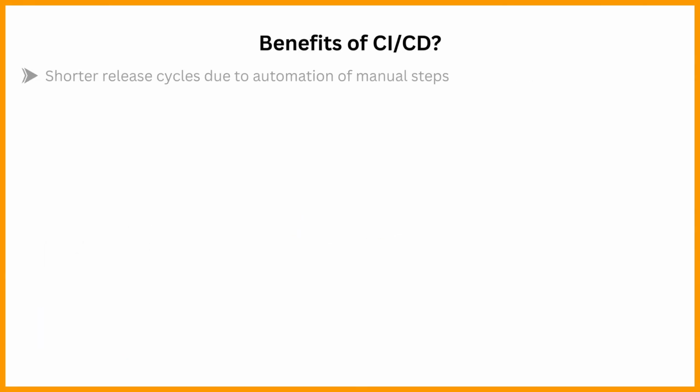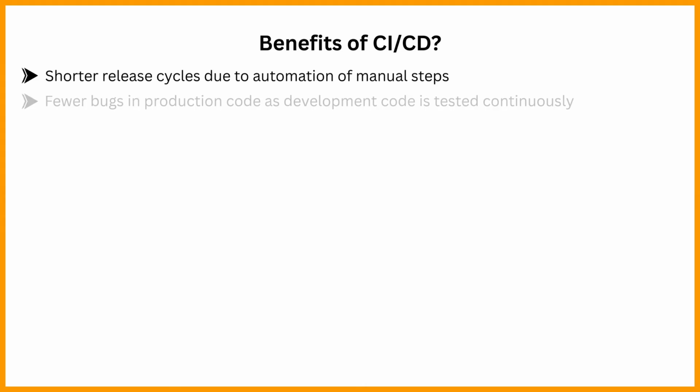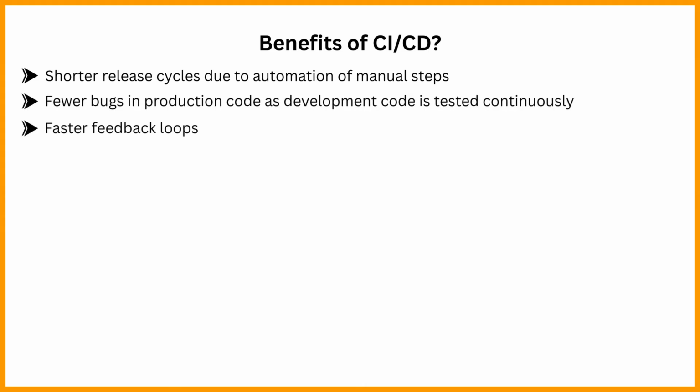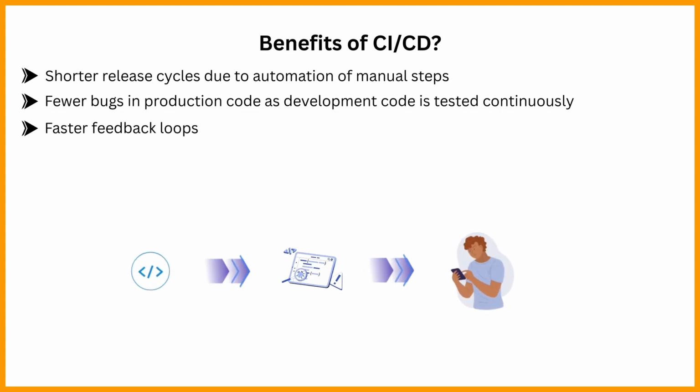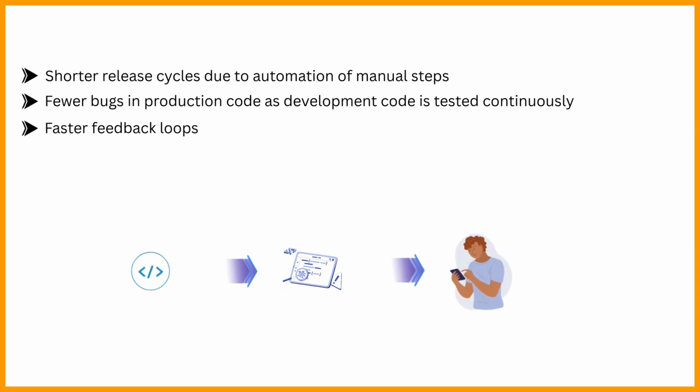Together, CI/CD leads to shorter release cycles, fewer bugs in production, and faster feedback loops, all of which are essential for modern development teams trying to move fast without breaking things. Think of CI/CD as a factory pipeline. New code comes in on one side, gets tested, verified, and safely pushed out the other side, all with minimal human effort. All this sounds great in theory, but what does it look like in the real world?